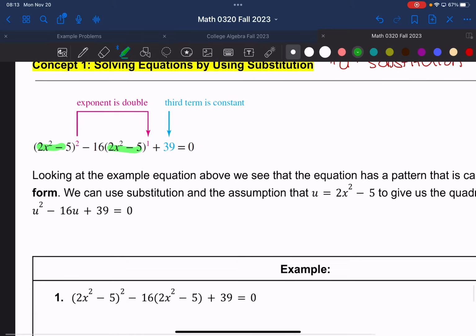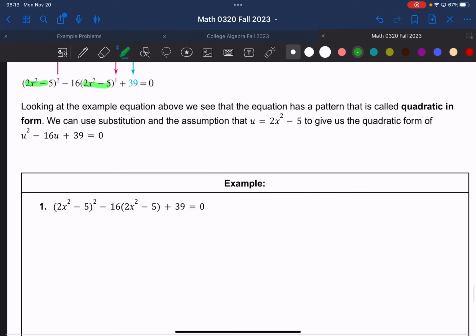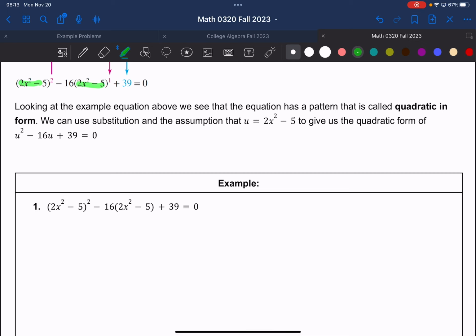It says, looking at the example equation above, we see that the equation has a pattern that is called quadratic in form, meaning it looks like we could turn it into a quadratic equation. We can use substitution and assume that U is equal to that 2x squared minus 5, the parenthesis that's repeating, to give us the quadratic form U squared minus 16U plus 39 equals 0.